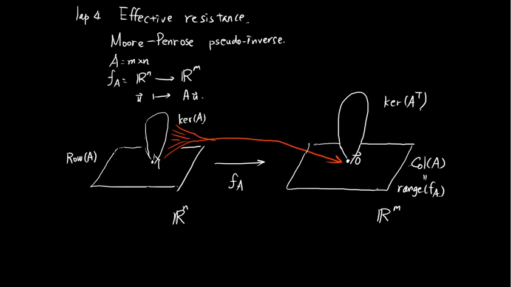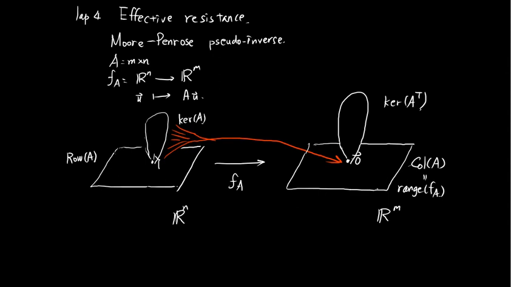So what happens here is, if you send everything from R^n to the other side, it is quite likely that something will disappear after you send it through the function. This will disappear, and we call that the kernel. But on the other side, if you look at the row space, if you pick a vector in the row space and send it here, it is not going to become 0, right?